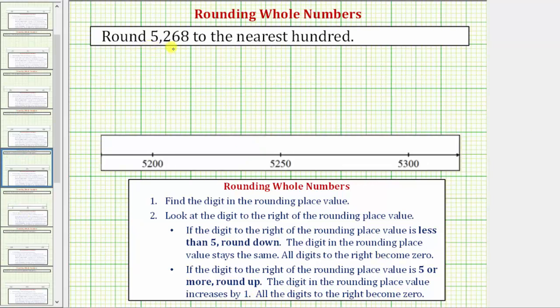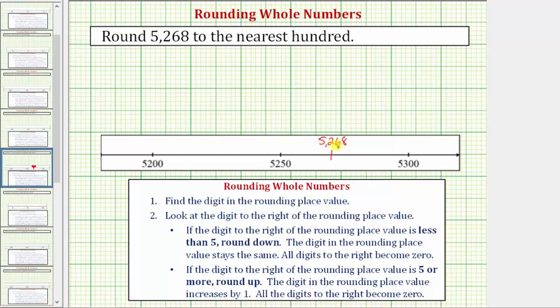Here we're asked to round 5,268, again to the nearest hundred. So using the number line, if we were to count by hundreds, 5,268 would be between 5,200 and 5,300. If we were to plot this value on the number line, because we know 5,250 would be right in the middle, 5,268 would be, let's say, approximately here.